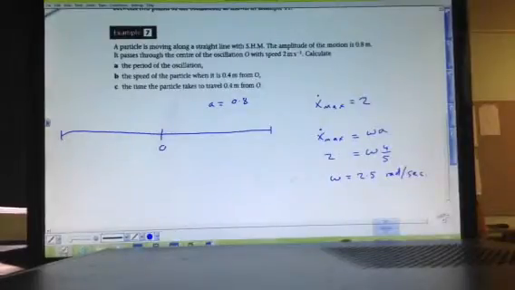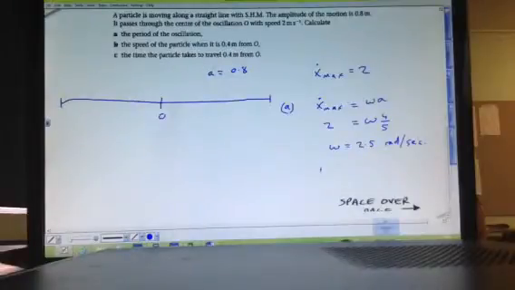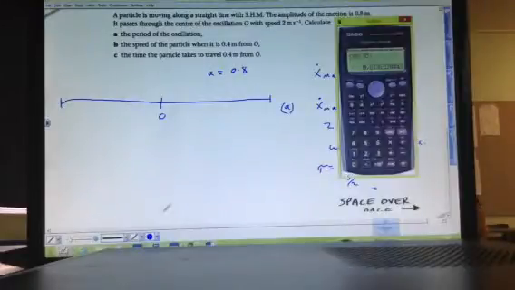Why do I want that? Well, this is all to do with part A. Now I can work out tau, which is the period, simply 2 pi divided by omega, which is 5/2, which gives you 4 pi over 5. And we're in mechanics, so I'd write down whatever it works out to be.